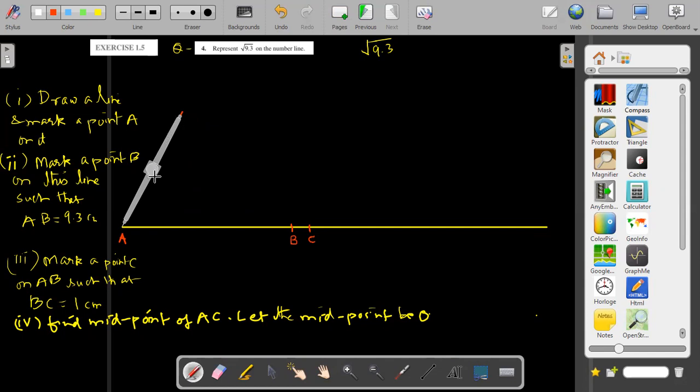Draw one arc here, and do not change the radius. You can make it big, because the midpoint will come somewhere here. Then below also you have to make one arc.